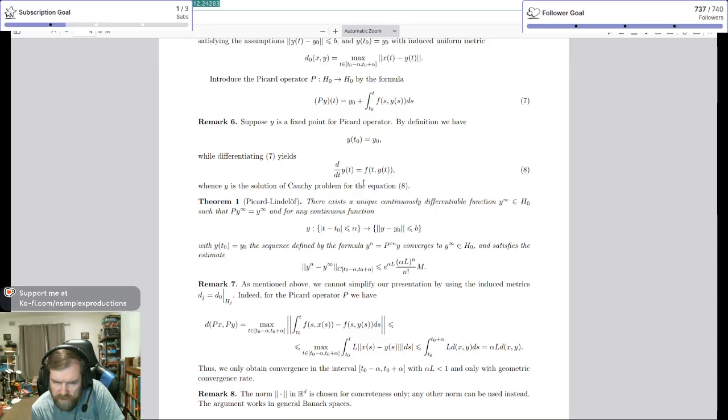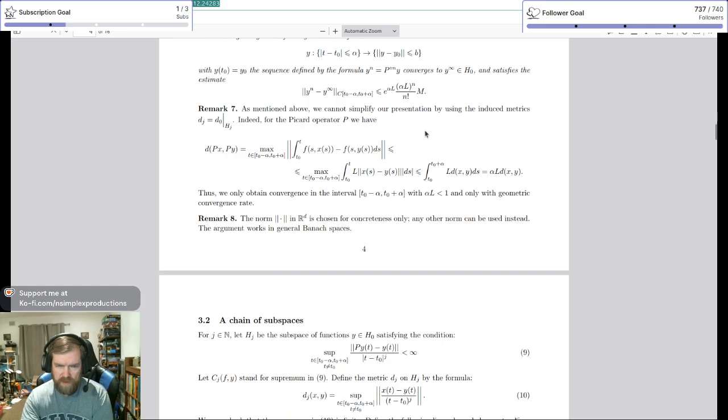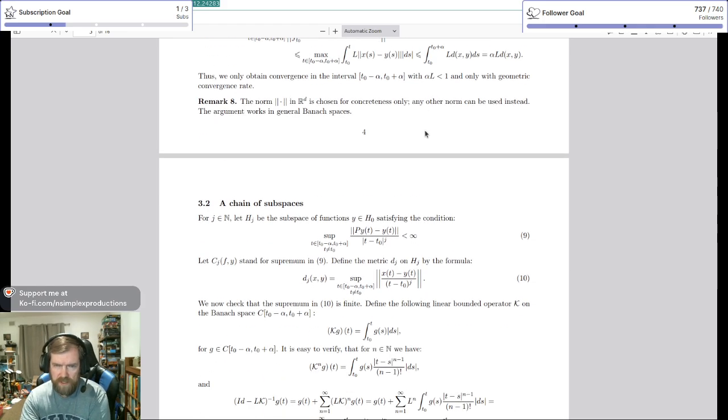We can only obtain convergence in the interval t0 minus alpha to t0 plus alpha with alpha L less than 1, and only with a geometric convergence rate. The norm in R super D is chosen for concreteness only. Any other norm can be used instead. The argument works in general Banach spaces. That's pretty awesome.